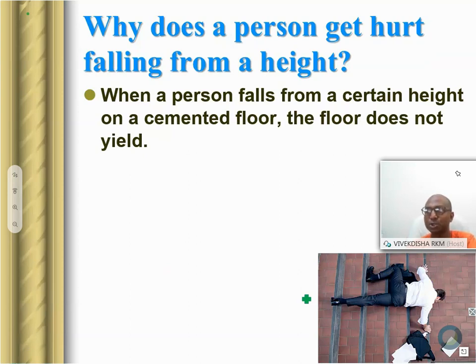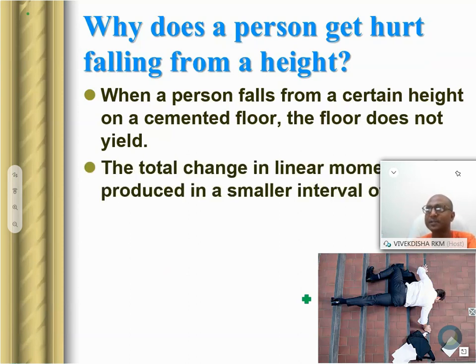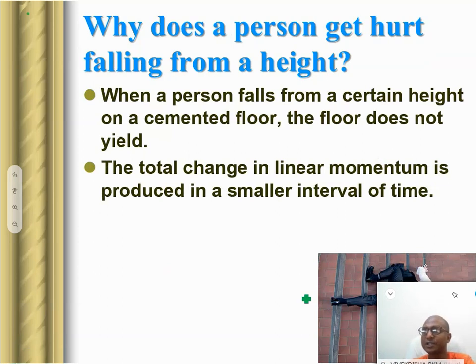So if it is so, then what will happen to the person? Certainly the total change in the linear momentum is produced in a smaller interval of time. As the person is falling on the ground, there is a change in the momentum, and the time is very short.